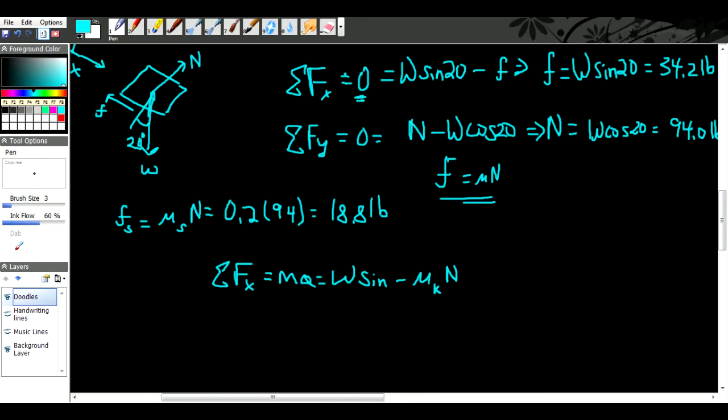So we can solve for ax. ax is equal to W sine of 20 minus mu k N, over the mass.